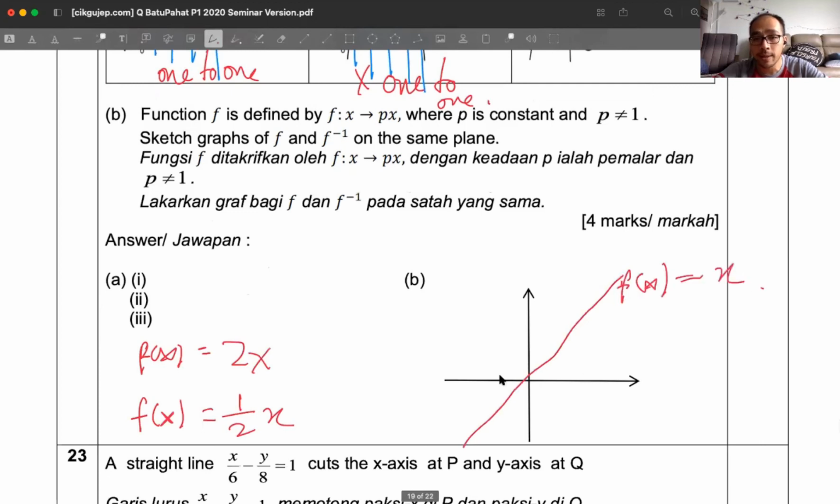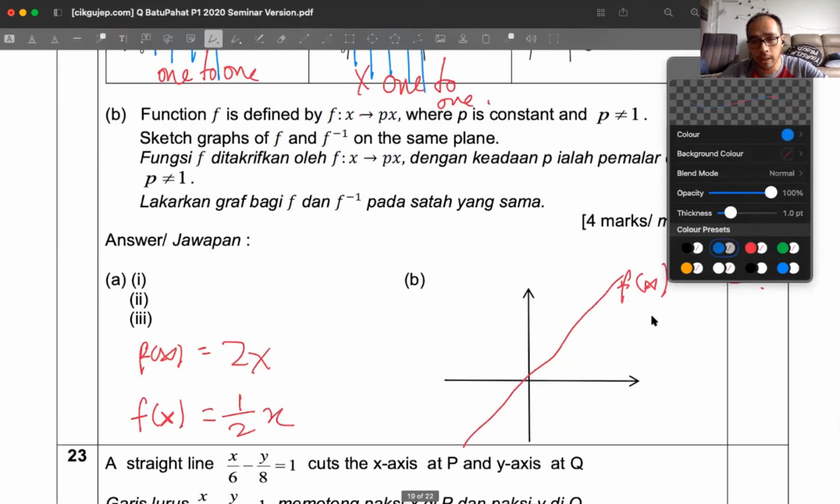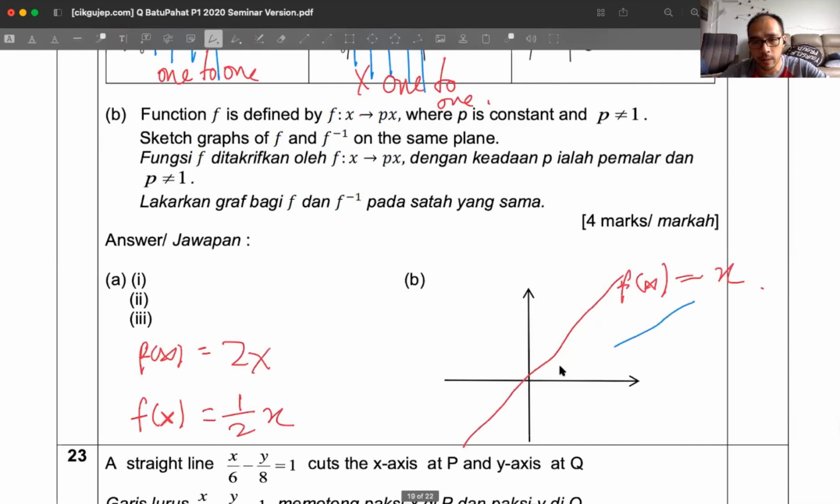Okay, I don't want this now. So if I want to draw the f and the f inverse, if this is f(x) equals x, and my p is a constant, what I will get is, I'm going to change color, this line over here. This is f(x).